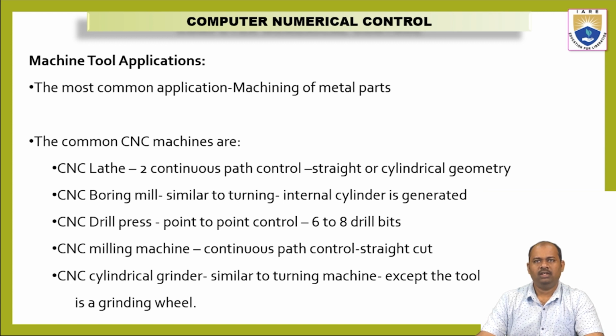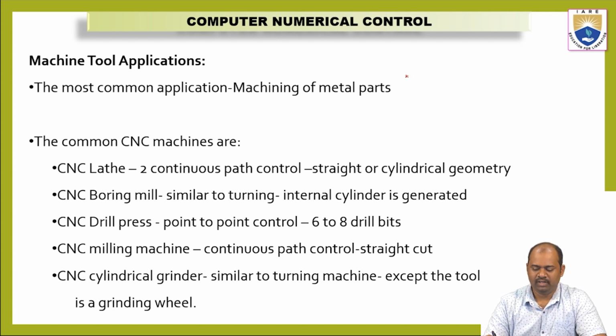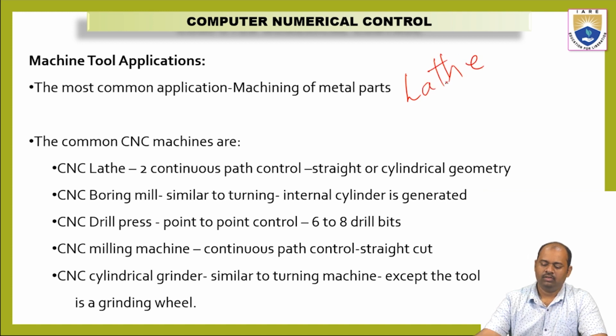The most common application of numerical control is machining of metal parts. The first example for this is the lathe machine. On any lathe machine, we decrease the diameter of a cylindrical rod, or we can do other operations like boring, tapping, knurling, and thread cutting.